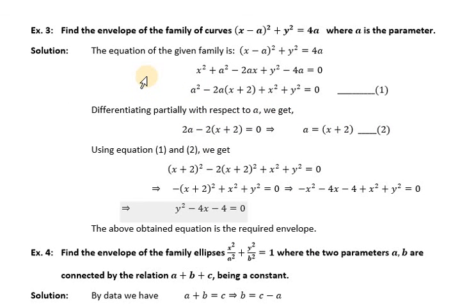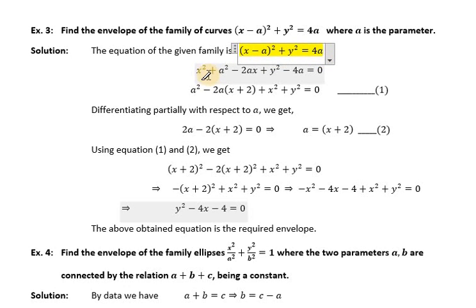We'll take one more question. Find the envelope of family of the curves x minus a whole square plus y square is equal to 4a, where a is the parameter. Let us take up the given equation, that is x minus a whole square plus y square is equal to 4a. Now simplify this.